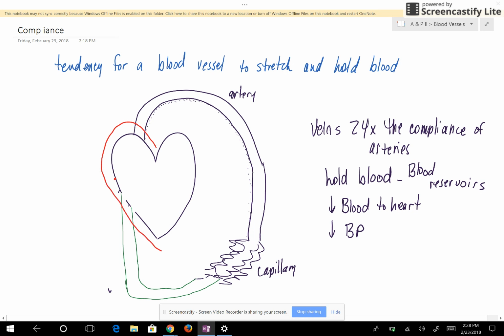The heart is going to stretch to accommodate that extra blood. Whenever the heart stretches to accommodate extra blood, then it's going to recoil with a greater force, and that's going to increase the blood pressure. So we're going to say that in our green little line here, we have decreased compliance. That is going to send more blood to the heart.